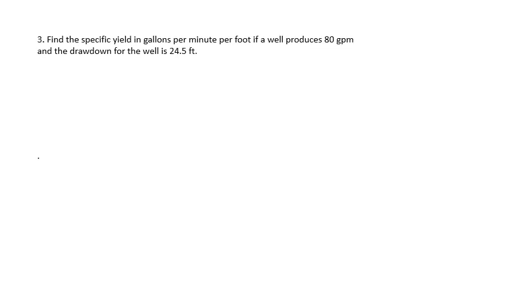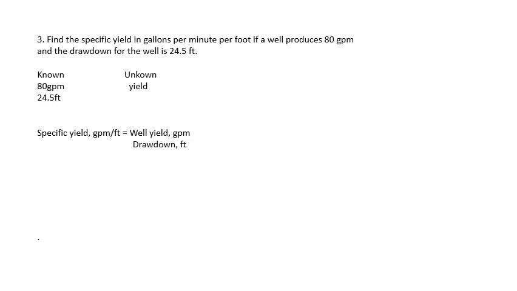Question number 3. Find the specific yield in gallons per minute per foot if a well produces 80 gallons per minute and the drawdown for the well is 24.5 feet. Pull out your knowns and unknowns. 80 gallons per minute, 24.5 feet. You're looking for the yield.